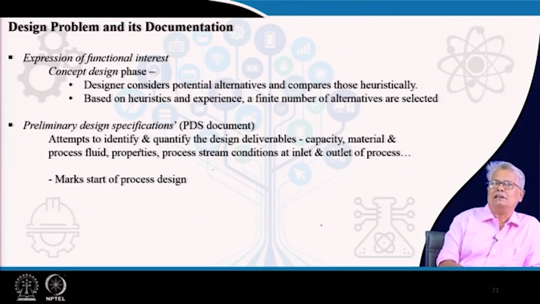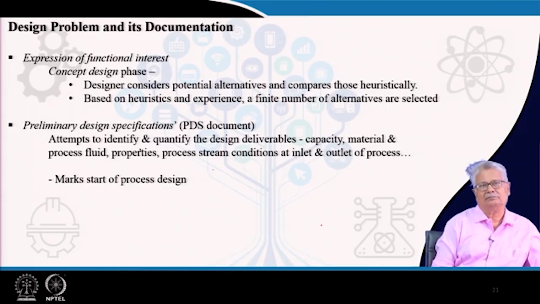It attempts to identify and quantify the design deliverables. That means, this outlines clearly the deliverables from the design, the capacity, the material, the process, fluid properties and such things. This marks the start of process design.